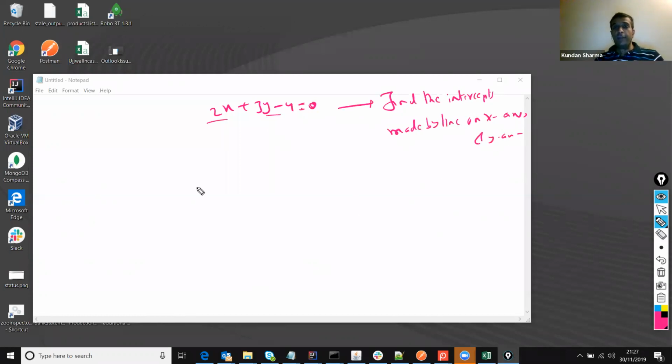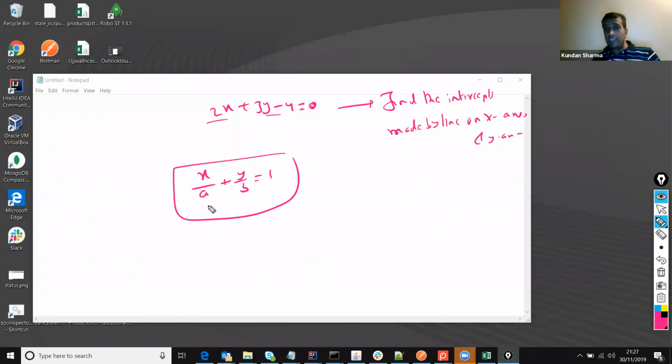So how do you find out? We know that the intercept form is of the form x by a plus y by b is equal to 1. So if our line is of this format, we can straight away tell the values of a and b. But is this equation in this form? No. So if you have to convert this form to this form, how can I convert that?